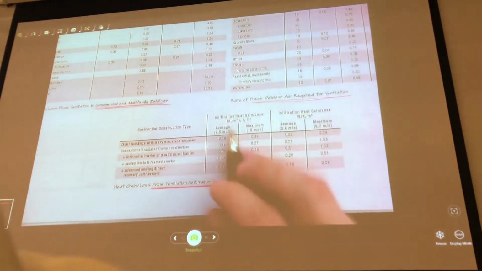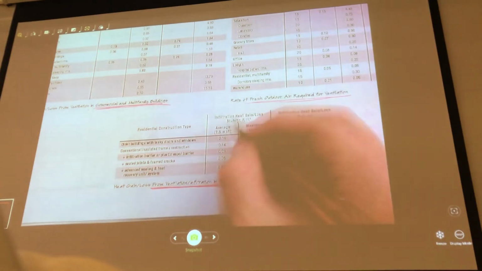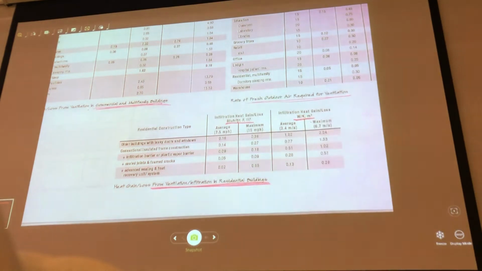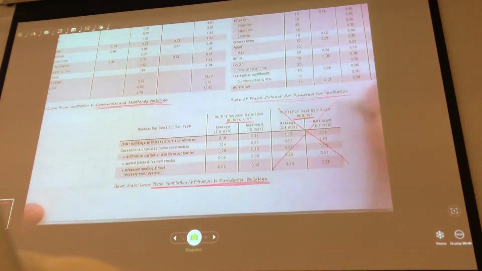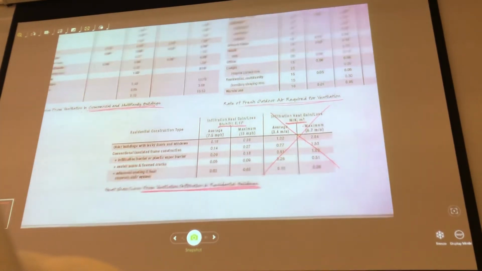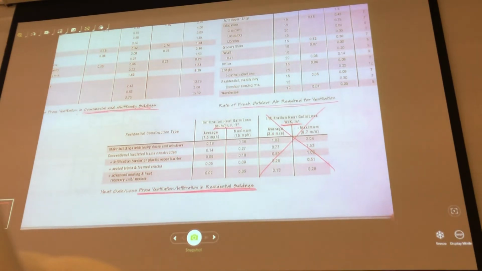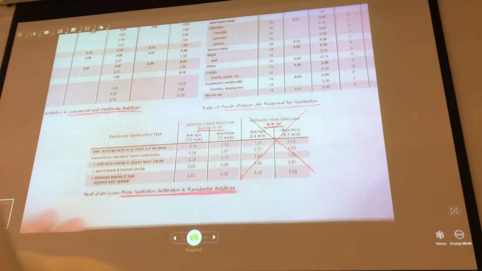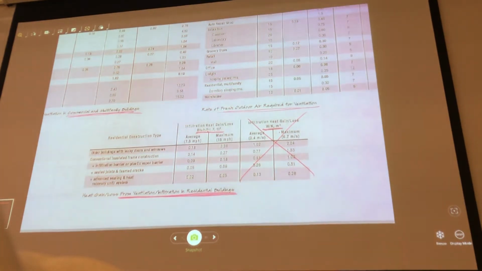Now notice we've got two different columns here. We've got one for imperial units and one for standard metric units. Obviously, we can ignore this because, well, we're not in Europe. And again, we're trying to design for worst case scenario.